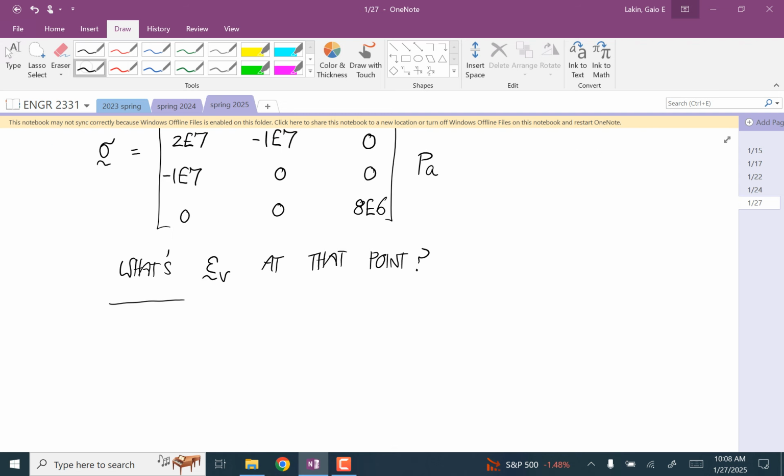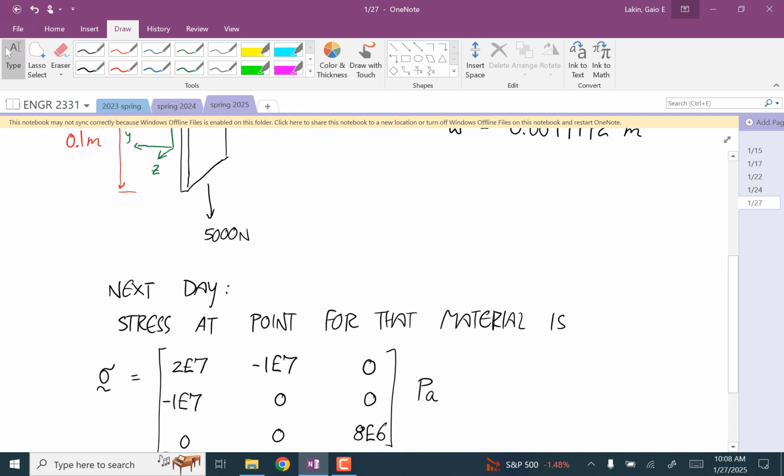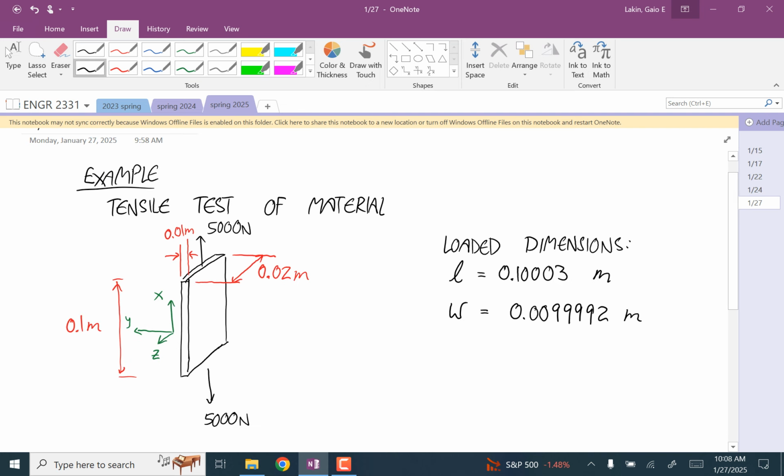And so let's start by figuring out the XX stress. That stress is the tension divided by the cross-sectional area. So that's 5,000 divided by, what's the cross-sectional area of this? Well, it's going to be 0.02 times 0.01.